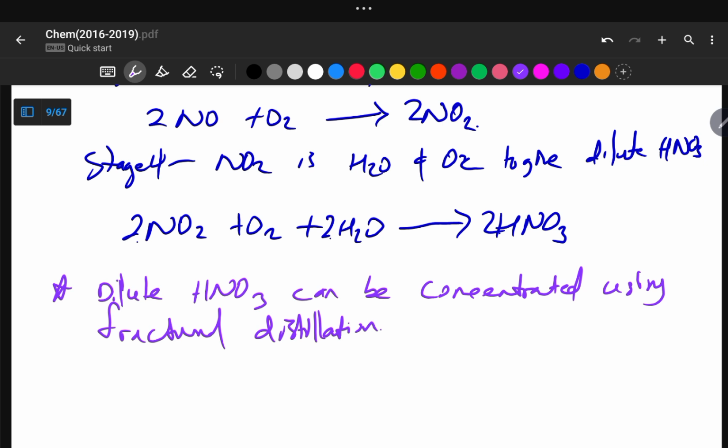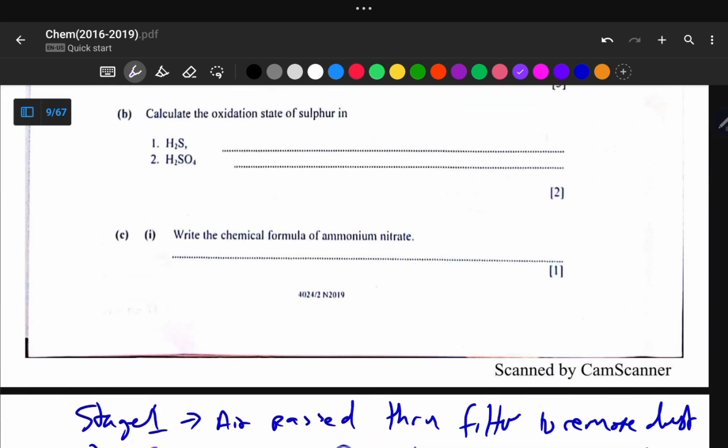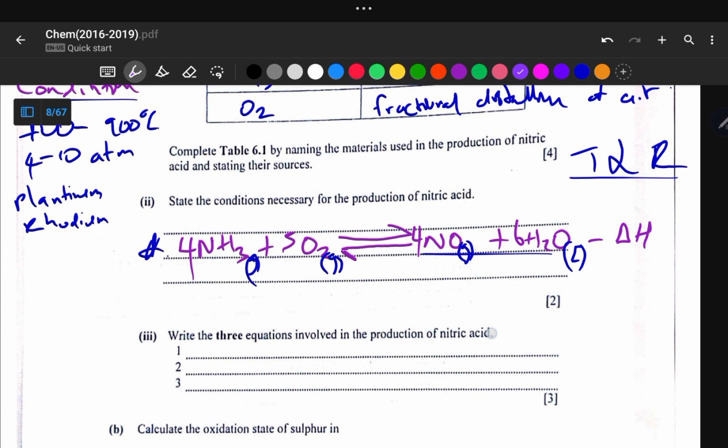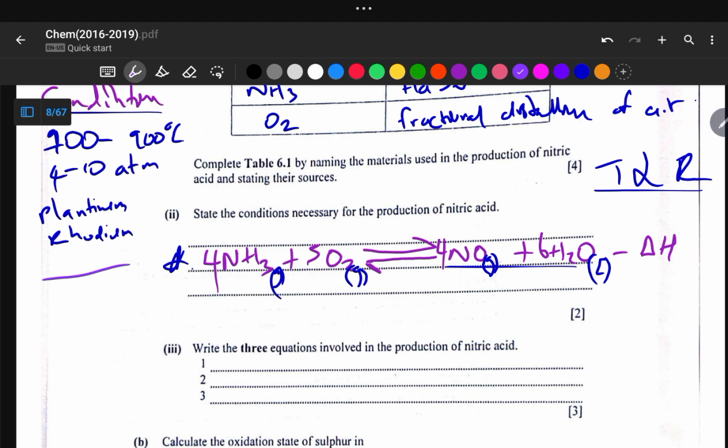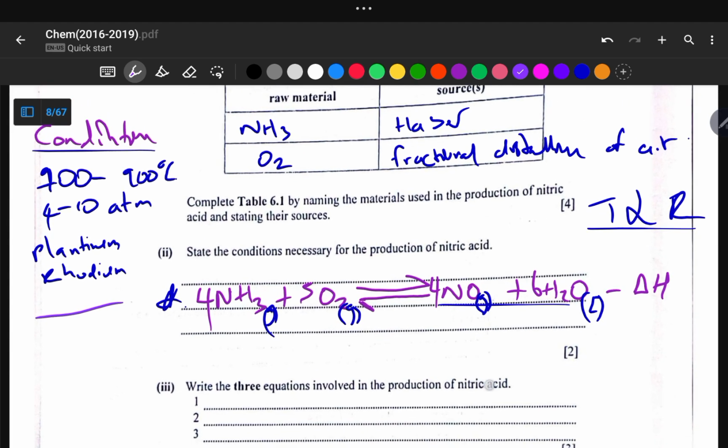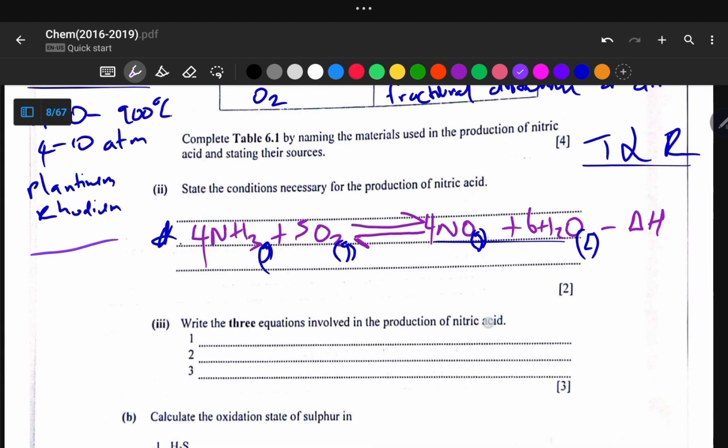It is one of the most frequently examined questions. Give us the uses of nitric acid. So nitric acid can be used to make fertilizers, drugs, dyes, plastics, and also explosives, right? So this is the Ostwald process, and the conditions are here, and we are done for the Ostwald process.